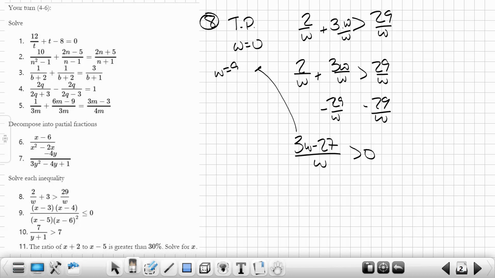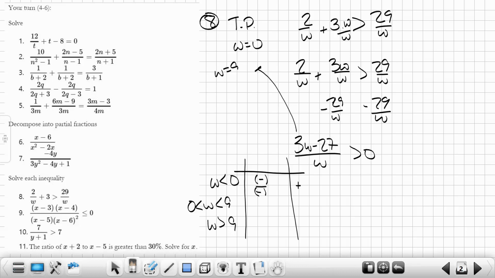So my test points are 0 and 9, so I'm going to pick things less than 0, between 0 and 9, and greater than 9. If I pick something less than 0, I'm going to get a negative over a negative, which is positive. That one works.